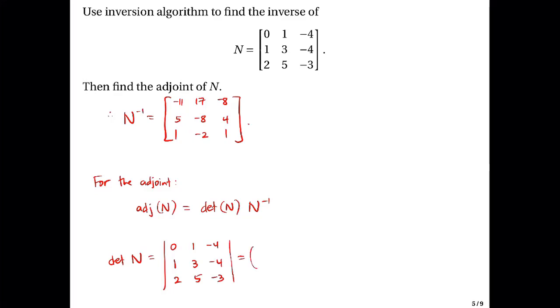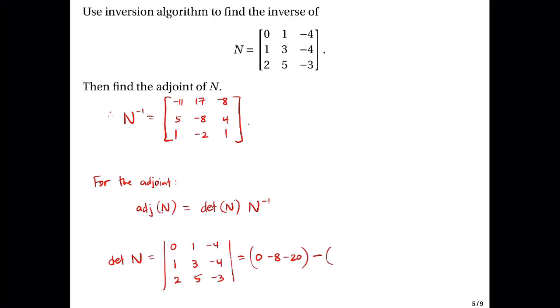So we have here 0 times 3 times negative 3, that's still 0. And then here 1 times negative 4 times 2, that's negative 8. And then negative 4 times 5 times 1. So that's negative 20.